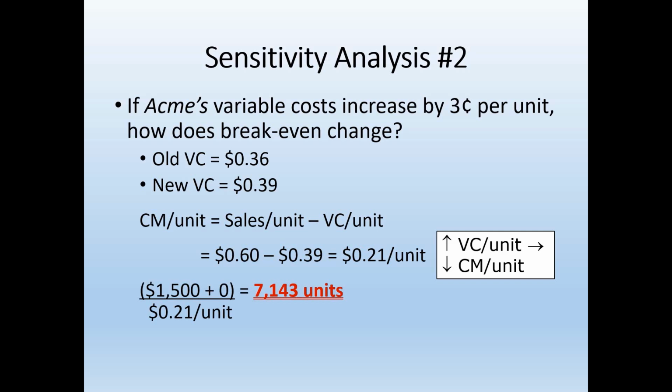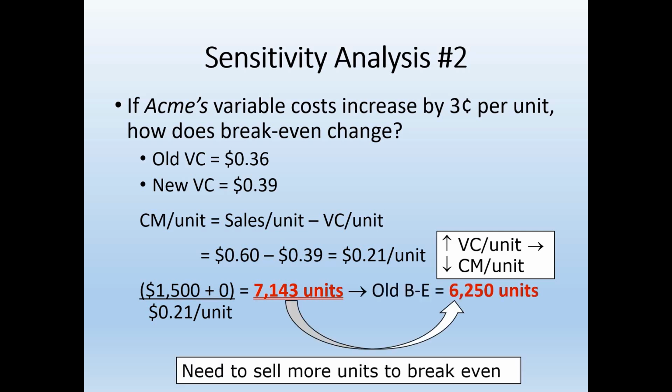Now, we can plug that new contribution margin into our formula for break even, and we find that the firm has to sell more units now in order to break even, compared with the break even before the variable cost increase.